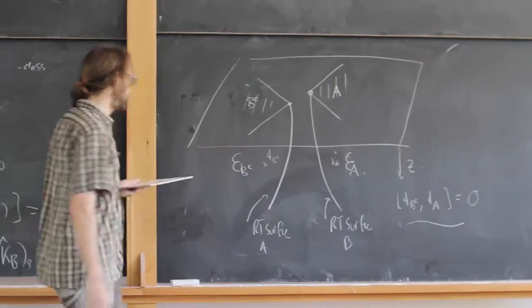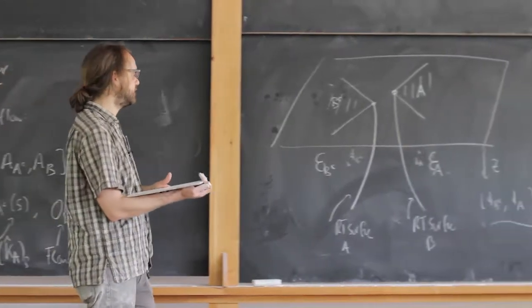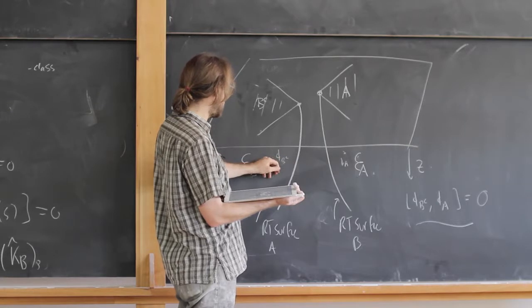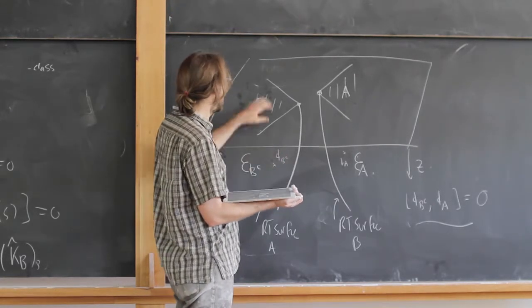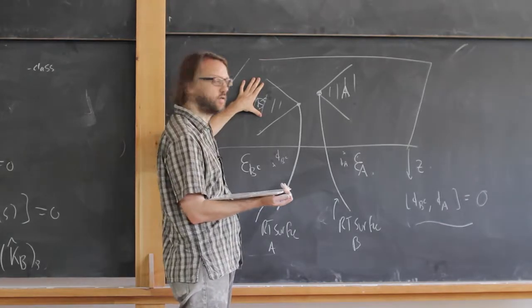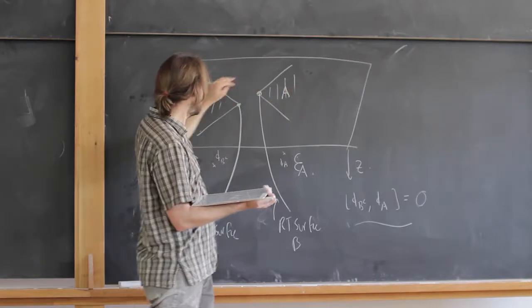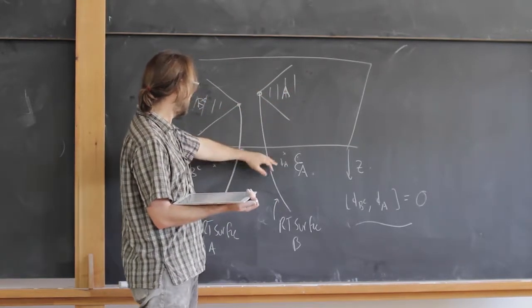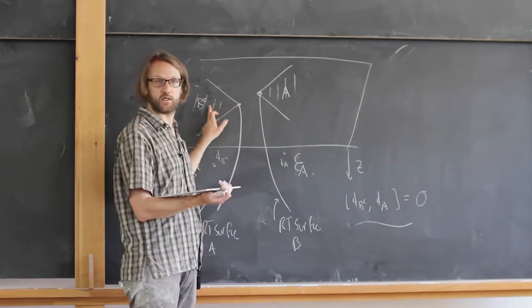This argument is based on the idea of bulk reconstruction: I can rewrite bulk operators, maybe in some highly complicated way, in this entanglement wedge region as operators acting just in here, and similarly over here. But then if I can do that, it's impossible for them to have a non-zero commutation, because these boundary operators commute.